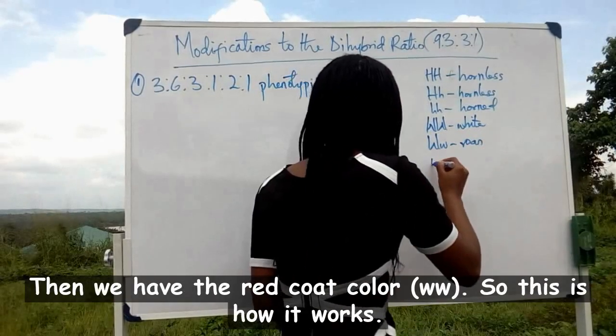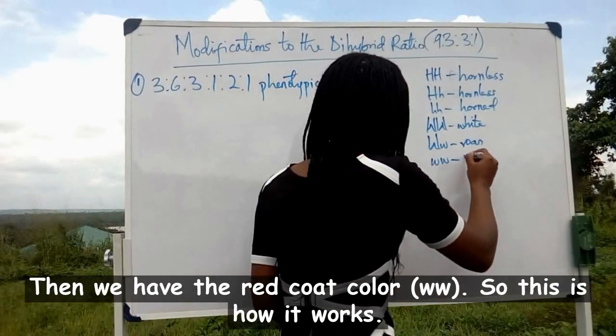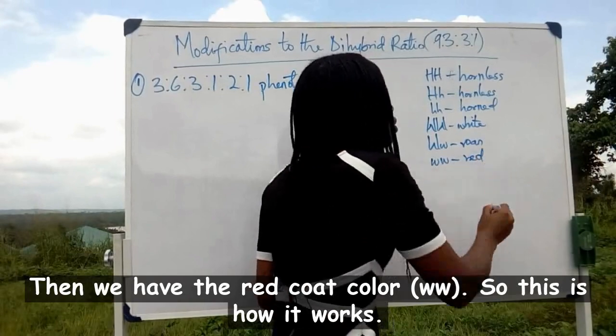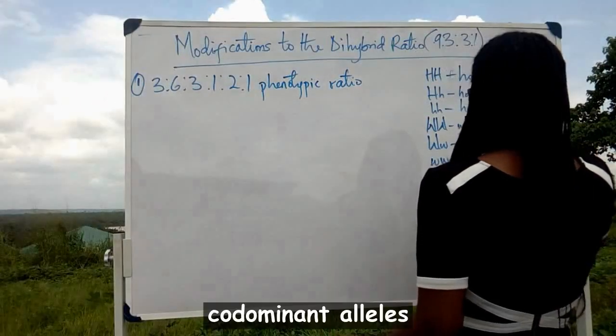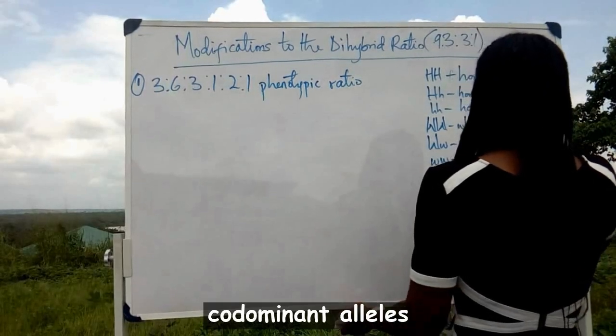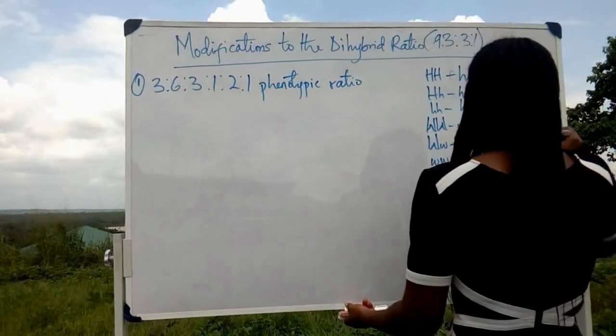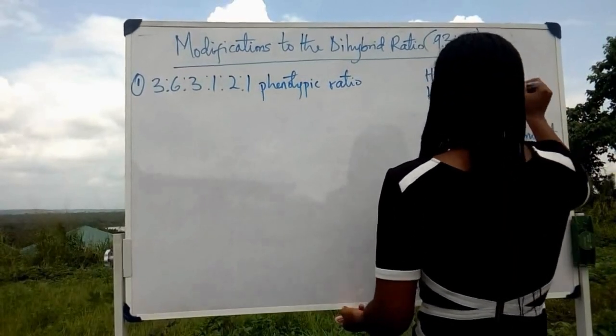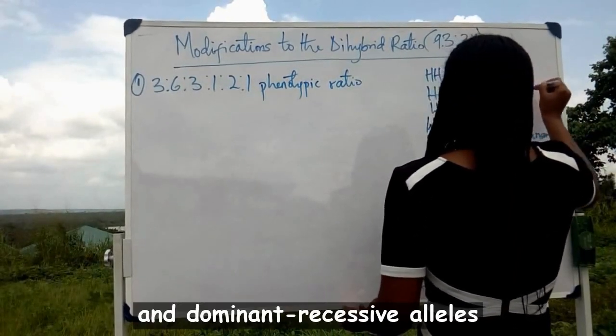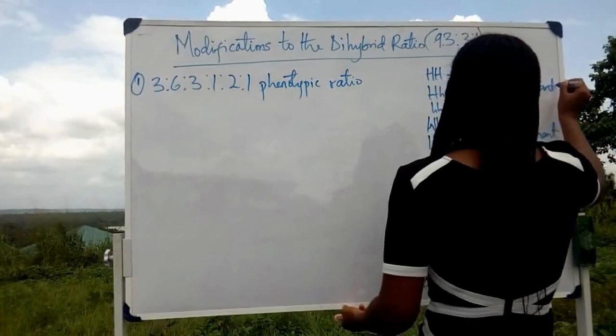And then we have the red coat color. So this is how it works. Let's say codominant alleles, and dominant recessive alleles.